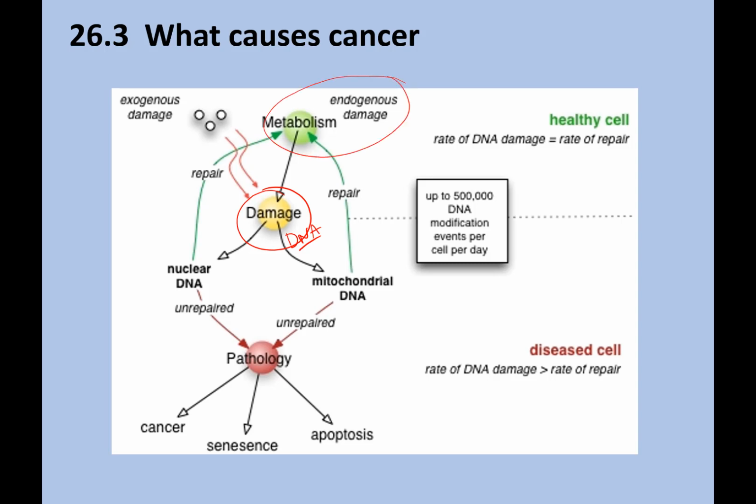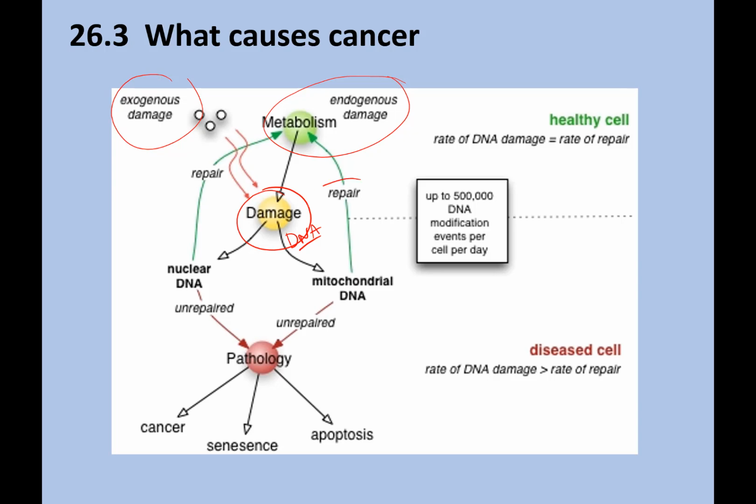There's endogenous damage, which means there's damage due to metabolism, free radicals, due to DNA replication, and there's outside things that can cause cancer. So we talk about environmental causes and lifestyle causes, but it really comes down to, one, your genetics, which we'll talk about in a little bit, and cell division.